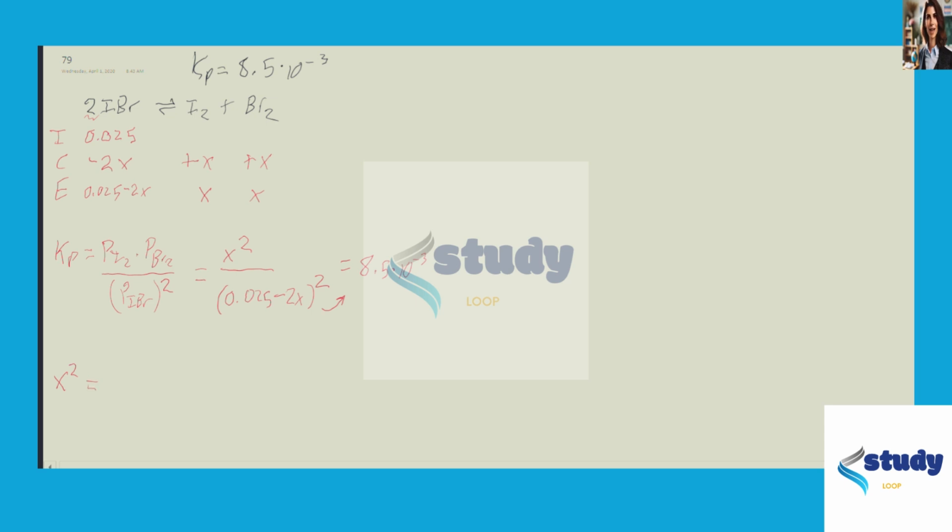So x squared, do this one step at a time. If you FOIL out the denominator, you have x squared over 6.25 times 10 to the minus 4th minus 0.1x plus 4x squared. And again, that just comes from taking the square here.